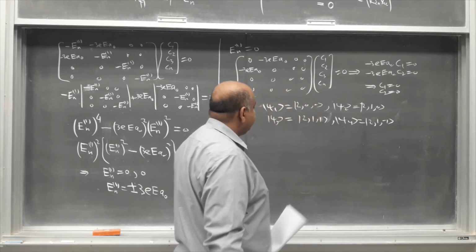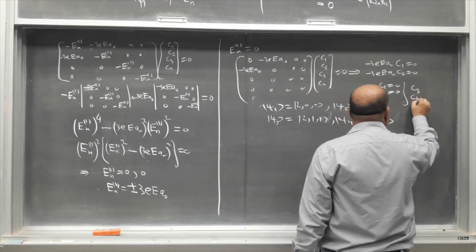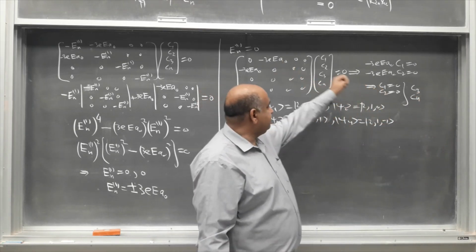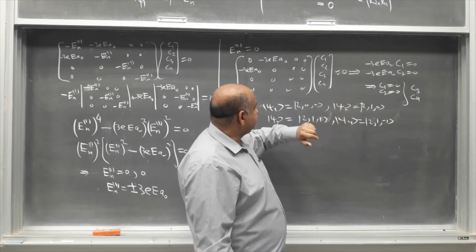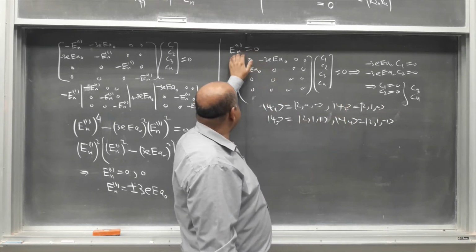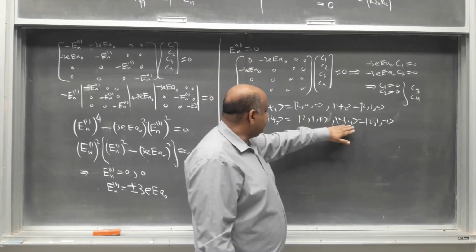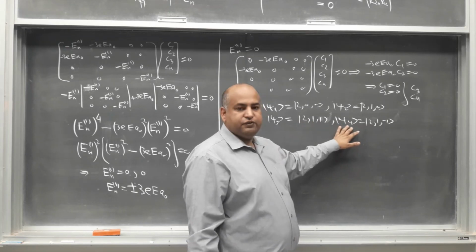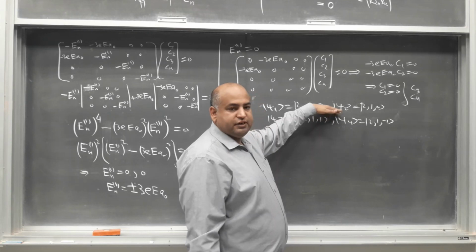So since C3 and C4 can be anything, this didn't give us any information on C3 and C4. It means the 2 new states, which still have the same energy because the correction is 0, are either psi3 and psi4 as they are, or any linear combination of these two states, but they don't involve psi1 and psi2 at all.